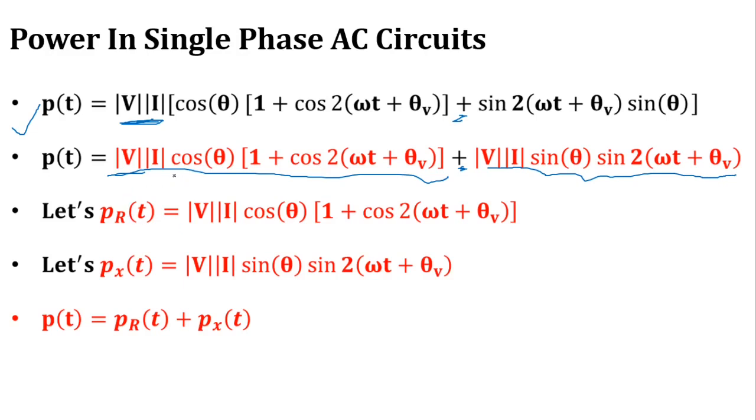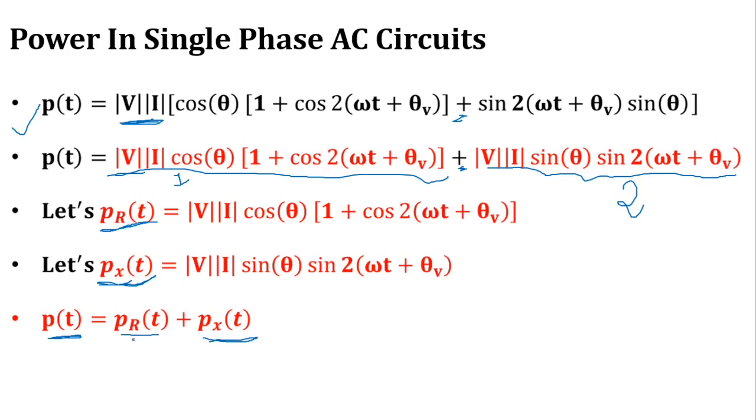So this first part of the equation we will note as PR(t), and this second part we will consider PX(t). So total power P(t) is equal to PR(t) plus PX(t).